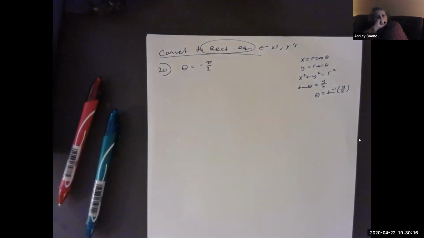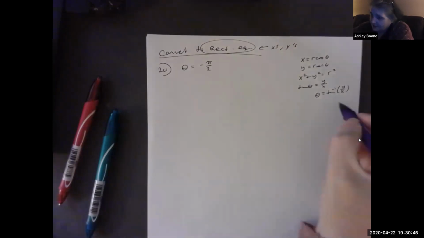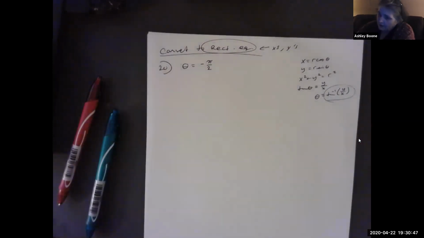All right. Well, as we look at this, we think about what we have going on. We have theta equals negative pi over 2. We need to have some way to get to theta, and we know theta is the inverse tangent of y over x.